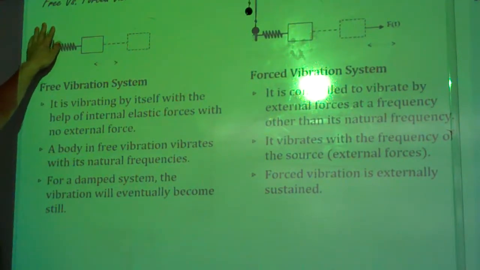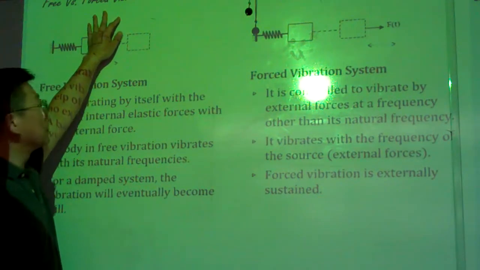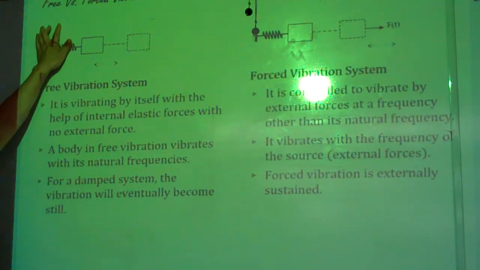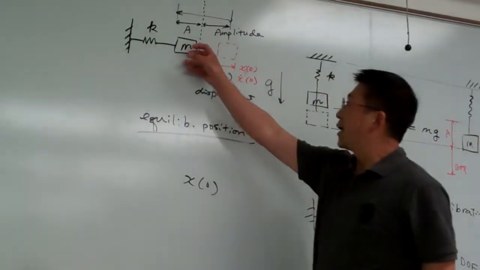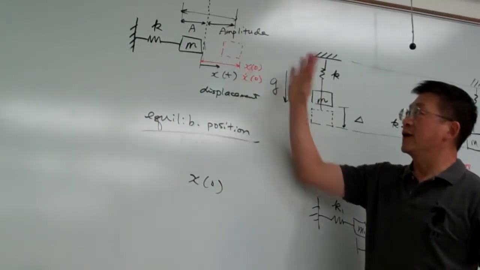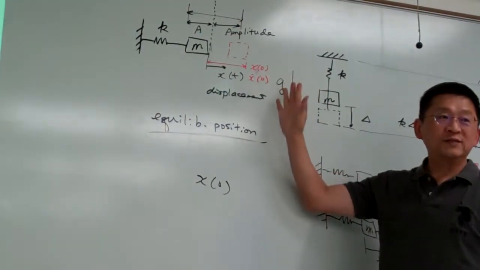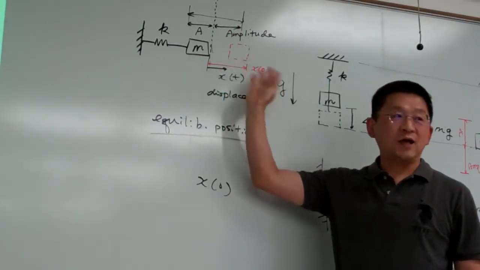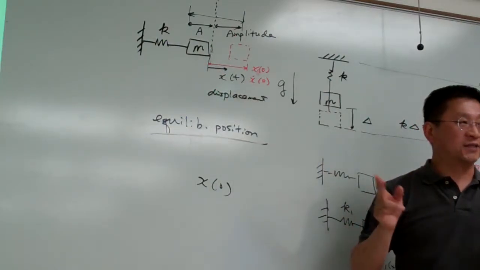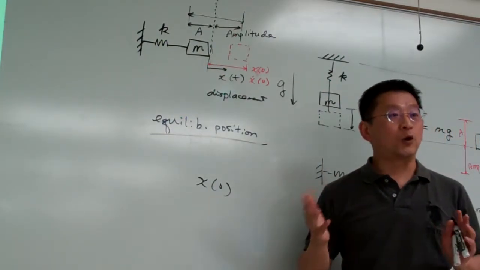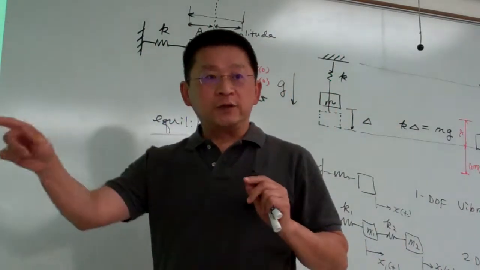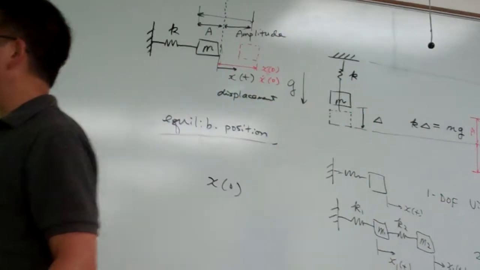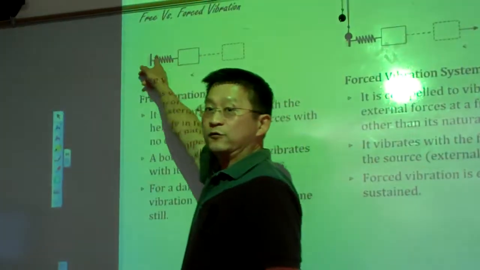For free versus forced vibrations, free vibration is such that, for example, I drag the mass block to here and release it. Once I release it, the system is going to oscillate on its own without any externally applied loading. Without external loading during the vibration process, we call it free vibration.